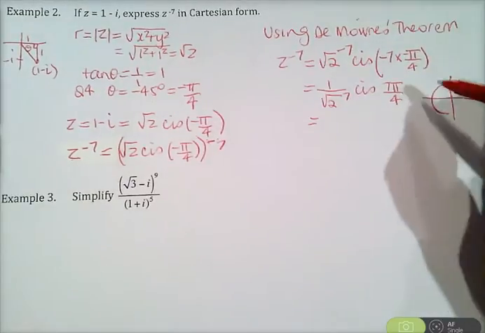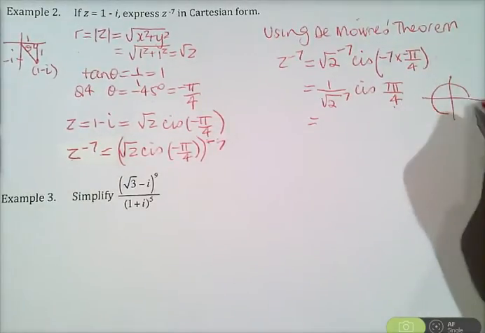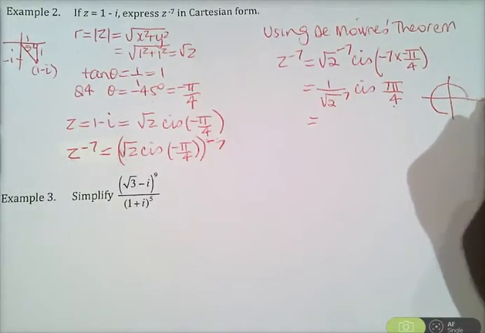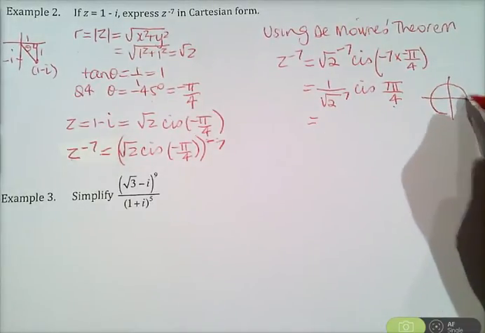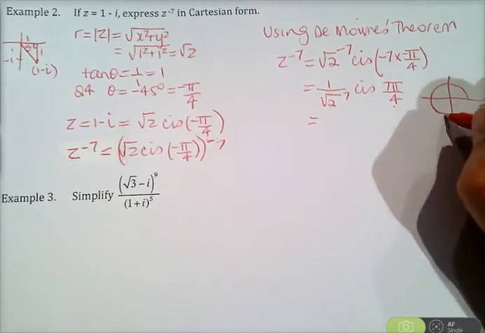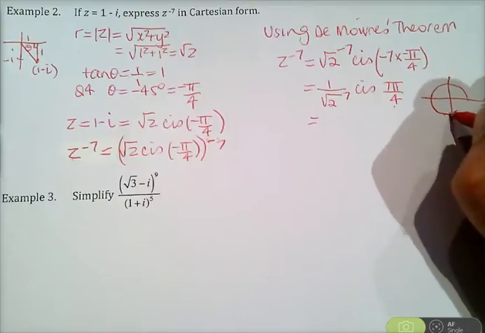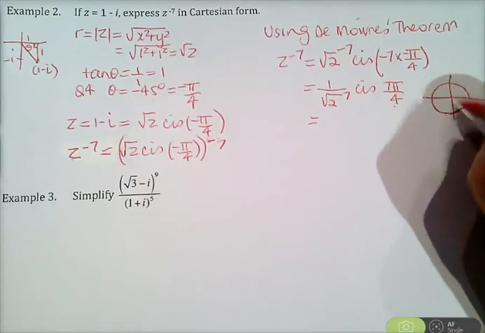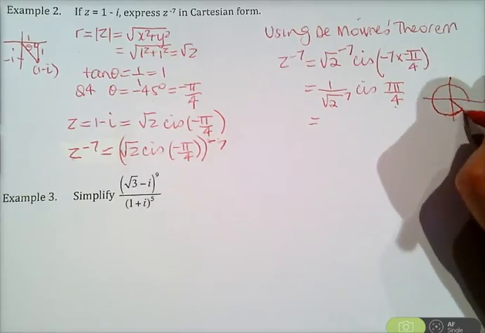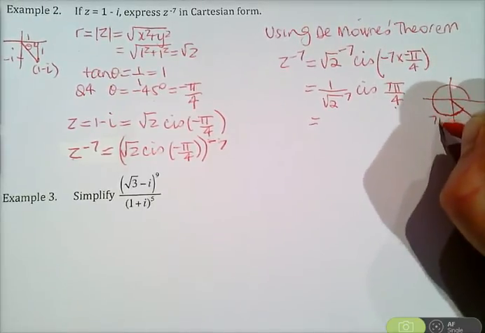So we know that 7 on 4 is 1 3/4 as a mixed numeral. And we know from here we've got 0 all the way around. That's 2 pi. So this is pi. This is 1 1/2 pi. So 1 3/4 pi would be just past 1 1/2, somewhere there. So 7 pi on 4 would be there.